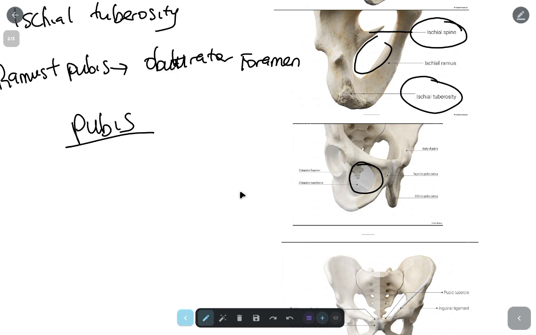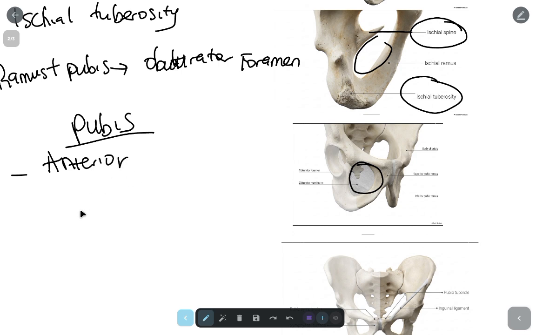Remember, the ilium is the uppermost and the largest part of the hip bone. The ischium is the most posterior inferior part of the hip bone, while the pubis is the most anterior part of the hip bone.